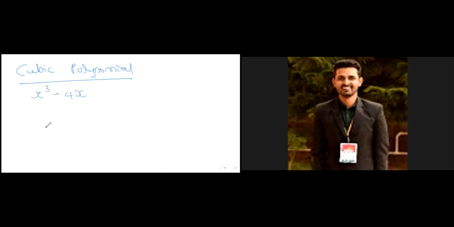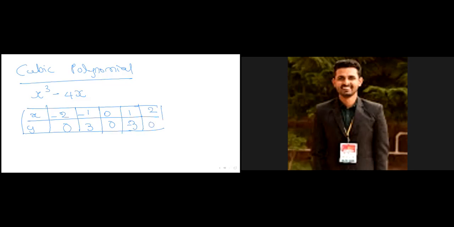Then I take the table of this, x and y. At x equal to minus 2, this will be 0, and at x equal to minus 1, it is 3. At x equal to 0, it will be 0, and at x equal to 1, it is minus 3, and at x equal to 2, it is 0.